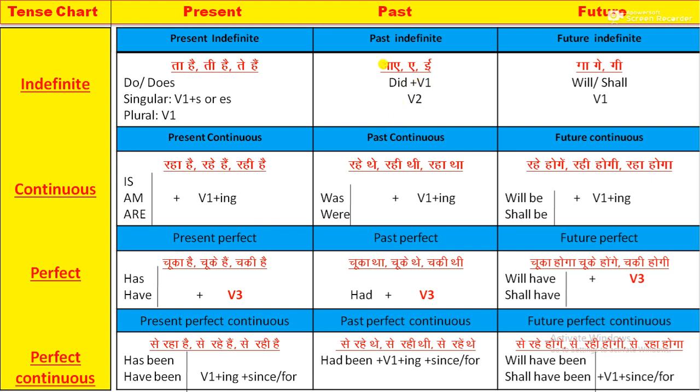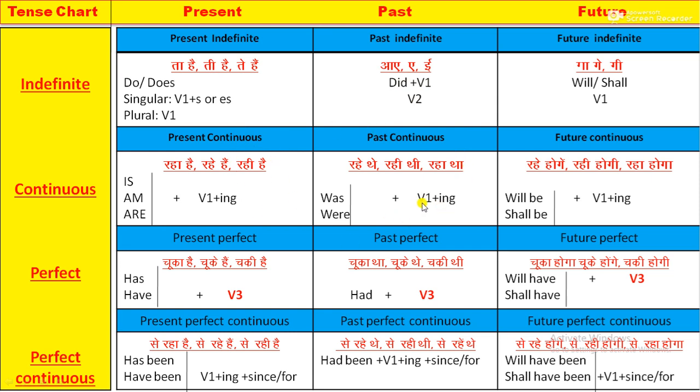Whenever did is coming anywhere, we use the first form of the verb, because with did we always use the first form, and did is already the second form of the verb. Do, did, done. Sentences are of four types. In positive sentences we use the second form. In negative, interrogative, and negative interrogative, we use the first form of the verb with did. So this is done. Now you have learned verb forms and helping verbs.